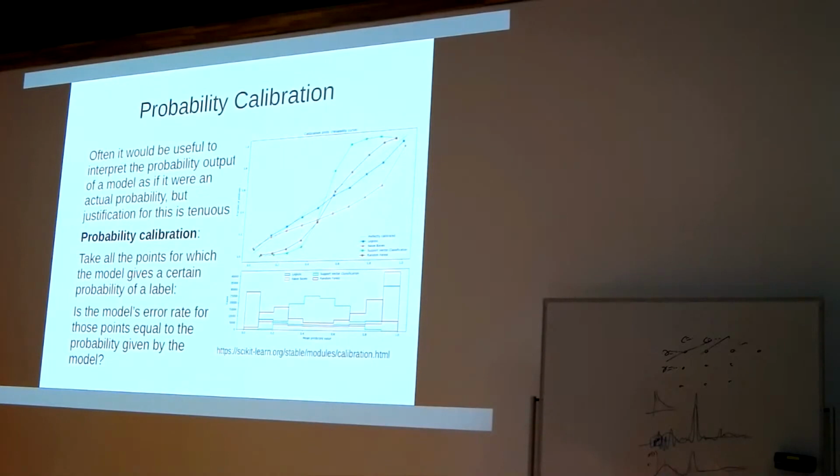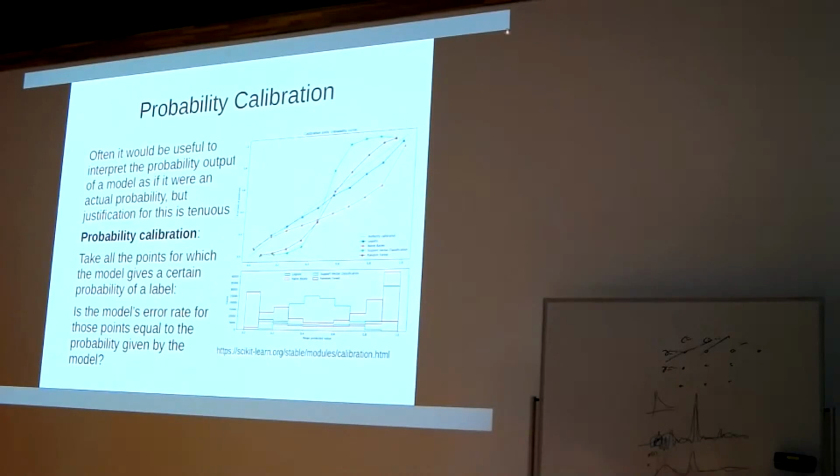So you find that when it says it has 90% confidence in a point, it does so more often than the actual percentage of the time it's right about the classification of the point. It might be right only 75% of the time that it says, I have 90% confidence. You can detect that by plotting the frequency of how often it's right versus the probability it gives of being right about that point.